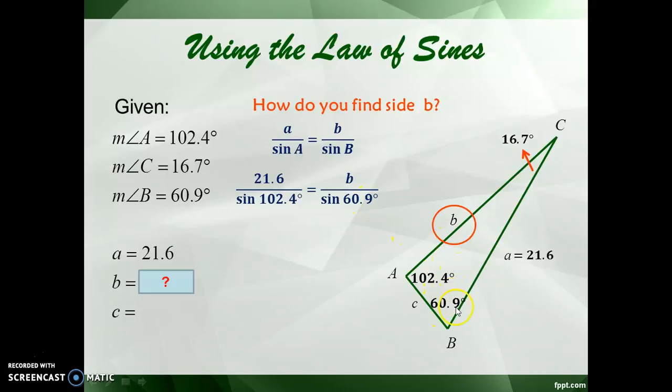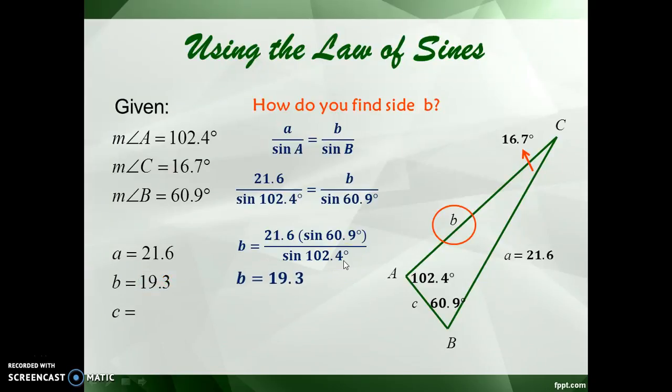So we can now get the value of b. To get the value of b, class, just multiply 21.6 and the sine of 60.9 degrees and divide the answer by the sine of 102.4 degrees. So b equals 21.6 times sine of 60.9 degrees all over sine of 102.4 degrees. Simplifying that further, we get 19.3. That is the measurement of side b in the given problem.